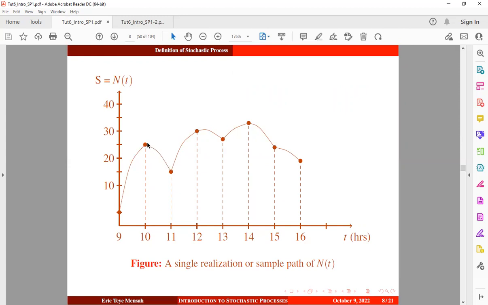Also from 11 a.m. to 12 p.m., we can observe this number of customers within the bank. The same illustration follows. So this is just a single realization. If you were to observe this process again, the sample path or sample function will change.